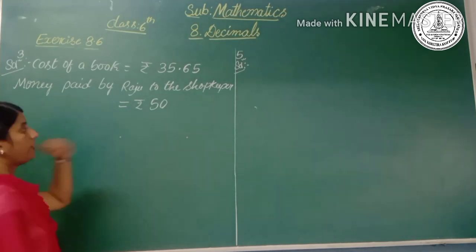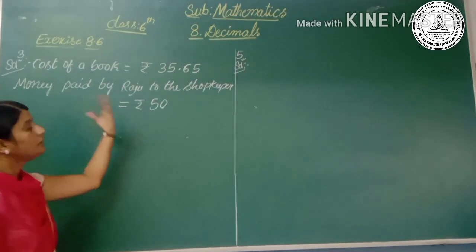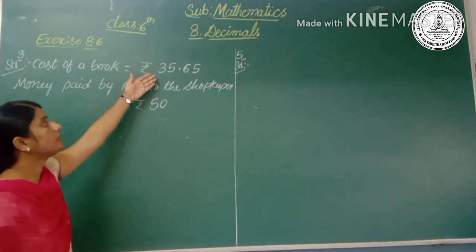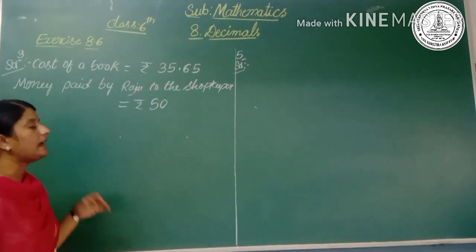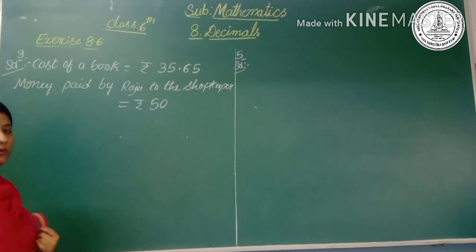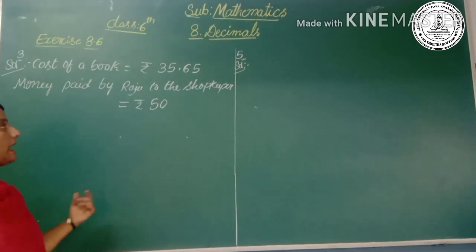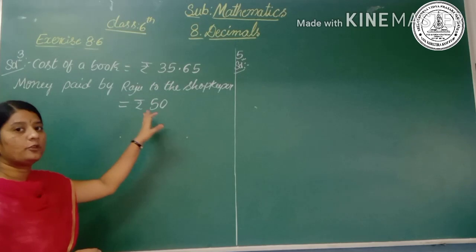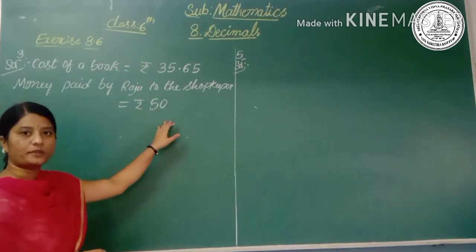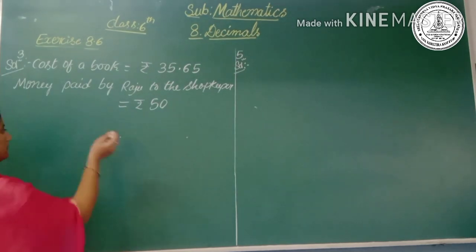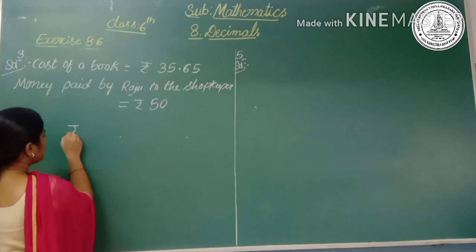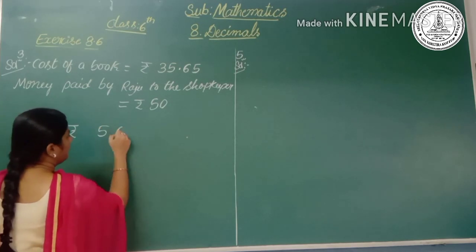Here he gave the 50 rupees note to the shopkeeper. So the shopkeeper will take the 35.65 rupees and give the remaining amount. So we have to subtract 35.65 rupees from 50 rupees. Write down here rupees 50.